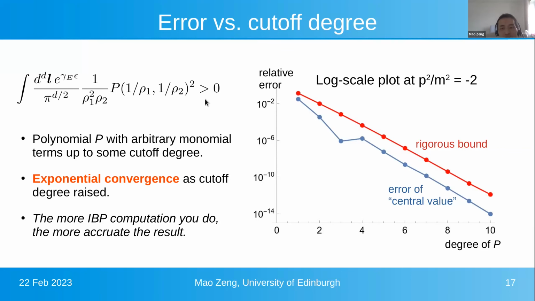But ignoring these questions, you can see that there's an exponential convergence pattern, which makes you believe that this should, in principle, allow you to evaluate the integrals to an arbitrary accuracy as long as you have enough computational resources.